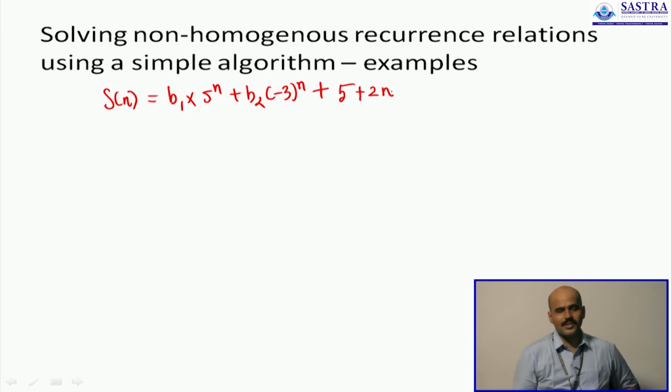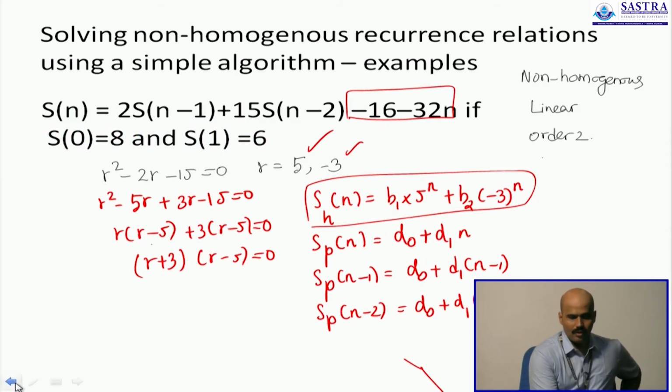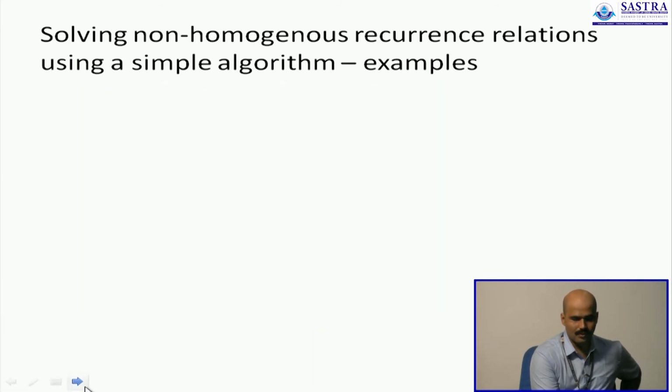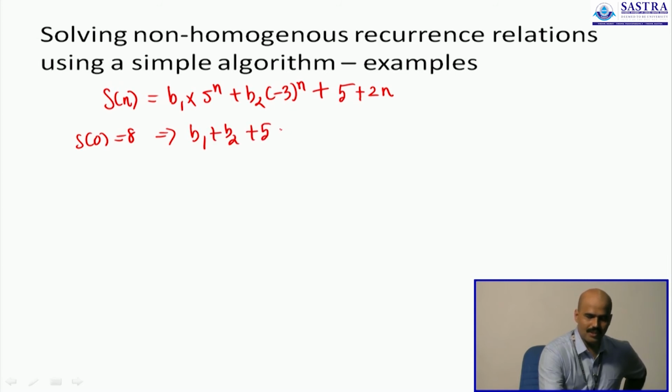Now one task is left, the task of determining these constants b1 and b2, and for that we have the initial conditions given to us. S of 0 is 8 and S of 1 is 6. S of 0 is 8, which means b1 plus b2 plus 5 is 8, and S of 1 is 6, rather 5 b1 minus 3 b2 plus 5 plus 2 gives us 6.